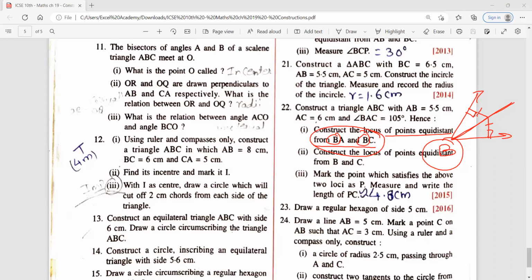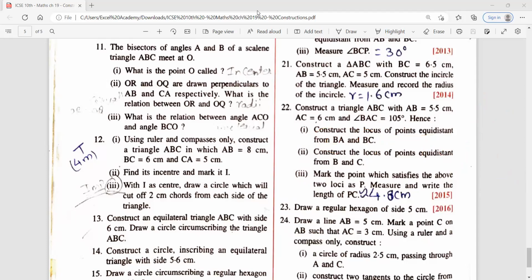It is always equidistant from both arms, okay? So let's say this is point P and this is C and A. So PA is equal to PC always if the point P lies on the angle bisector of the angle. This is the concept, remember, that's why it is important.